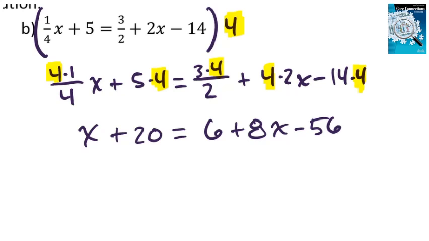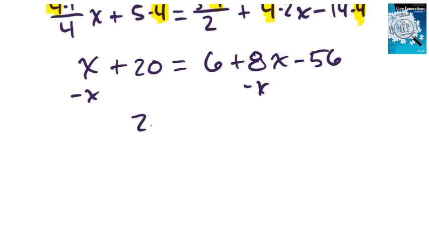If I simplify by combining a couple things here, I could write a lot of steps, but I'll just take away an x from both sides. That's simple. So that gives me 20 equals. And now I'm going to combine the 6 and the -56. So that's going to be -50.